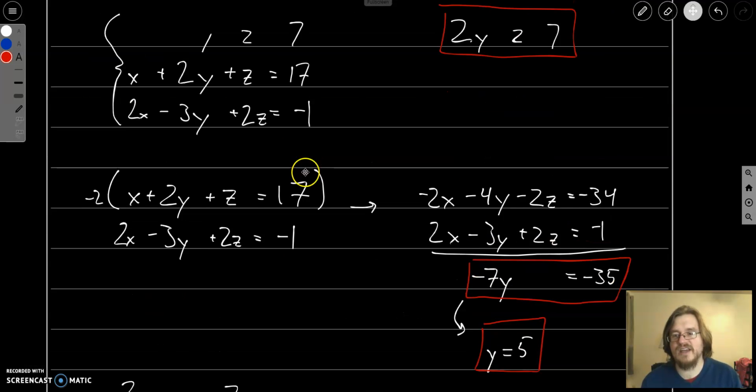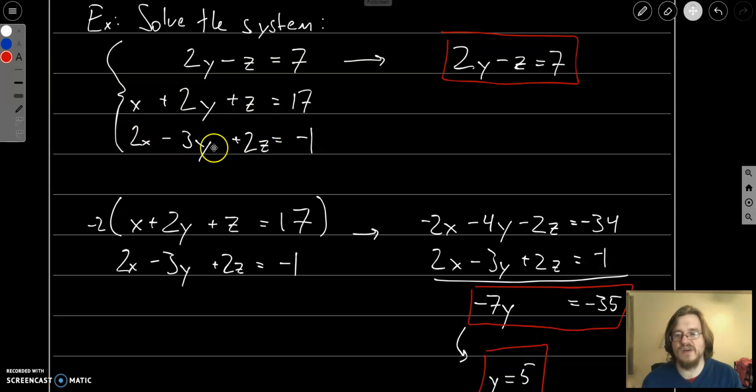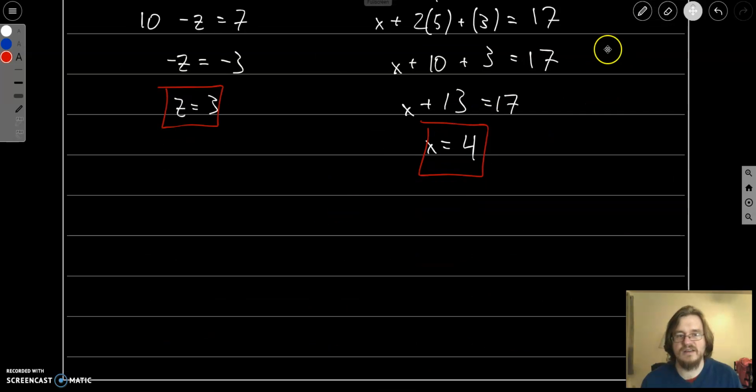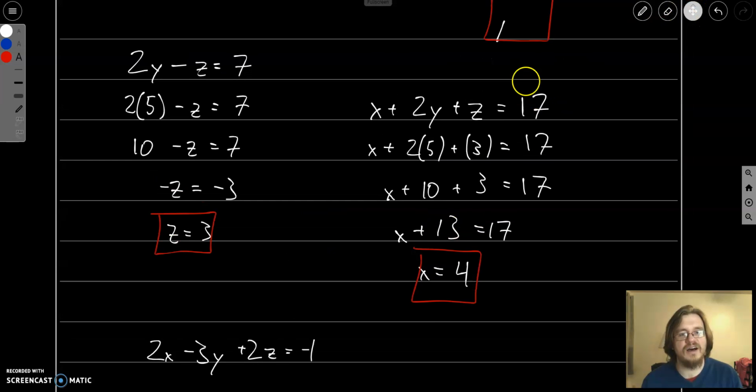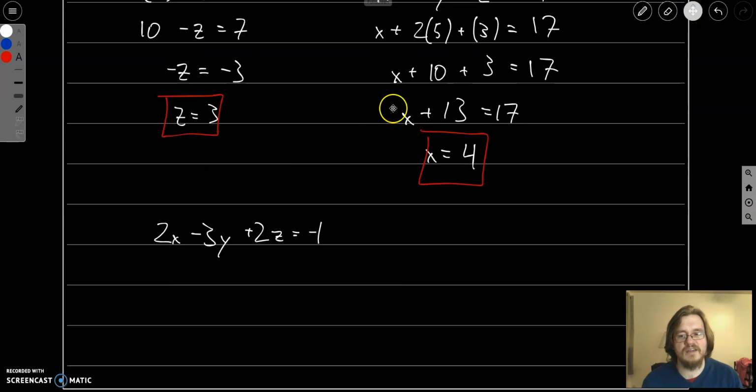Let's plug this in and check. Let's just plug this into this bottom equation here. We've got 2x minus 3y plus 2z, and that should be equal to negative 1, so let's check. y is equal to 5, x is equal to 4, and z is equal to 3.